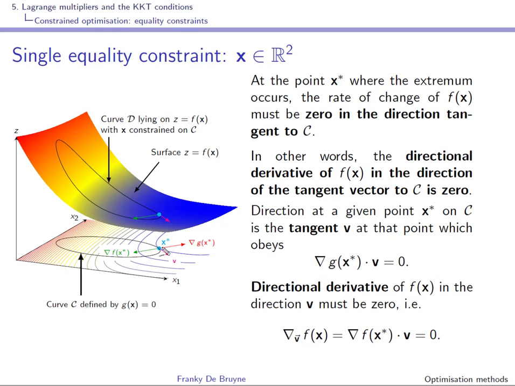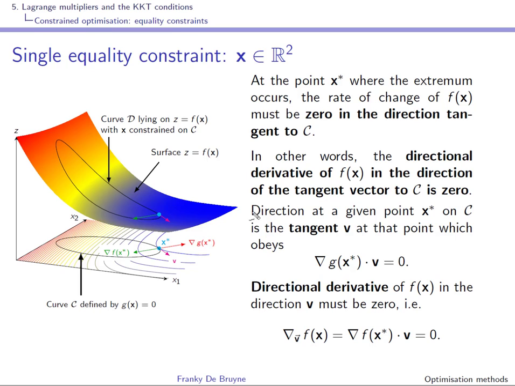This is the minimizing argument, right? And in this point x star, the rate of change of f of x in the direction tangent to the curve C over here is 0. This means that the directional derivative of f of x in this direction tangent to C is 0.